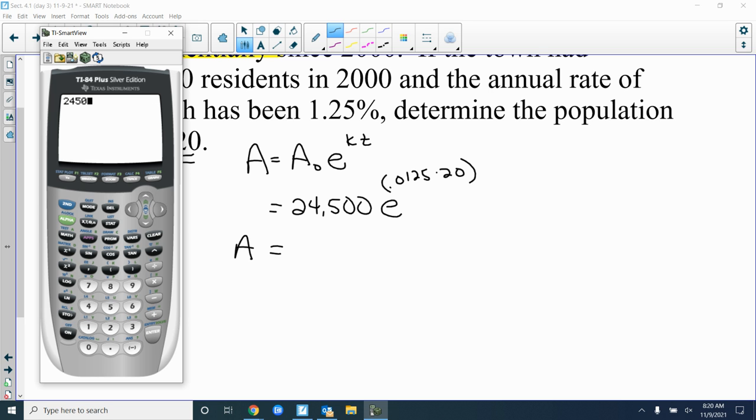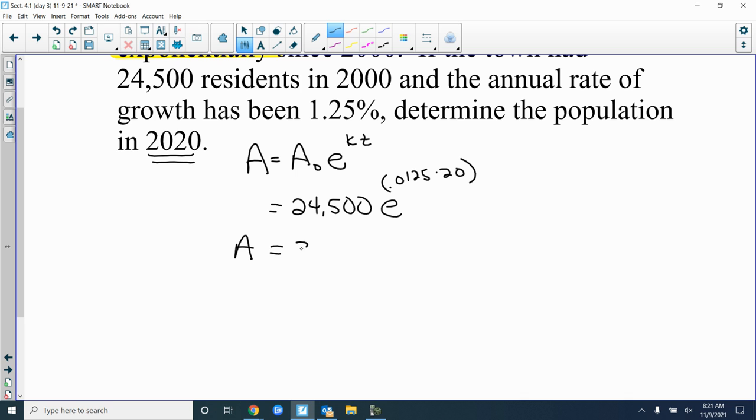Nearest whole number is fine. 24,500 e to the power 0.0125 times 20. And I get 31,459 people. If it says it's growing 1.25% per year, that's different. This is exponentially.